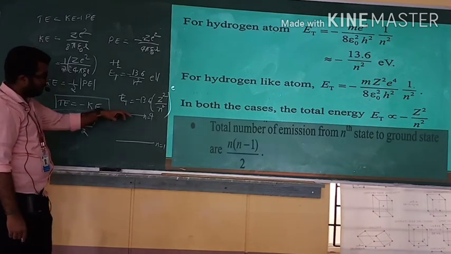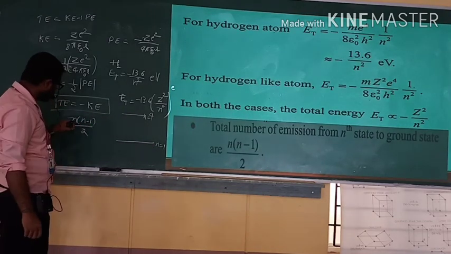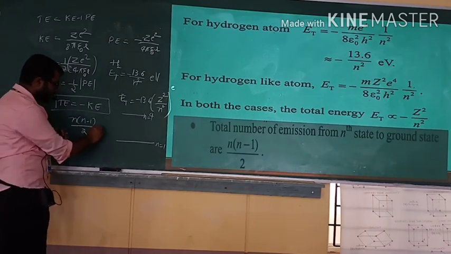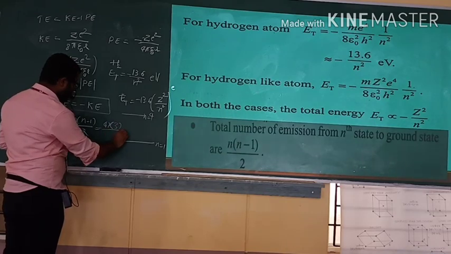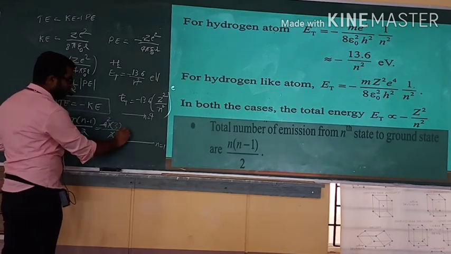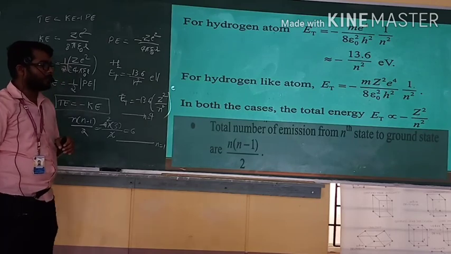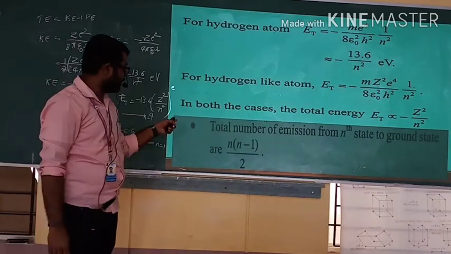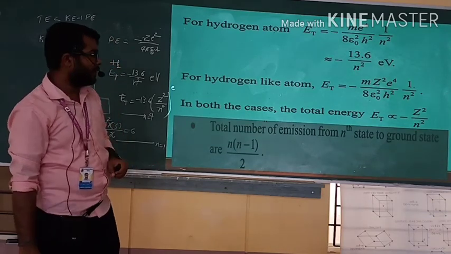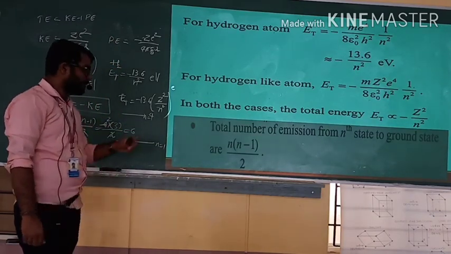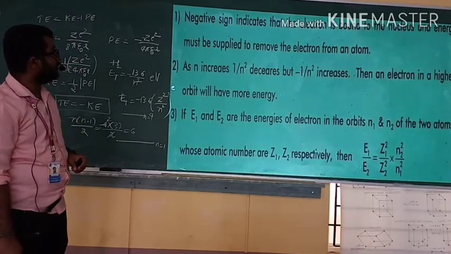For the 4th state, n is 4, so 4 into 4 minus 1, which is 3, divided by 2, gives 6. Therefore 6 transitions are possible. Okay, this is also important: the total number of emissions from the nth state to the ground state is given by n into n minus 1 divided by 2.